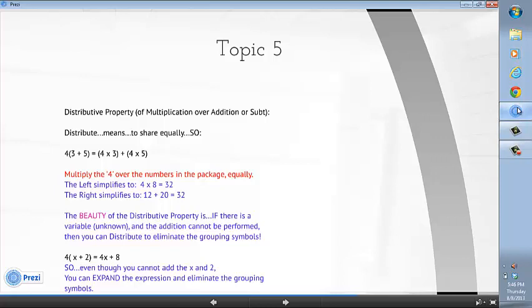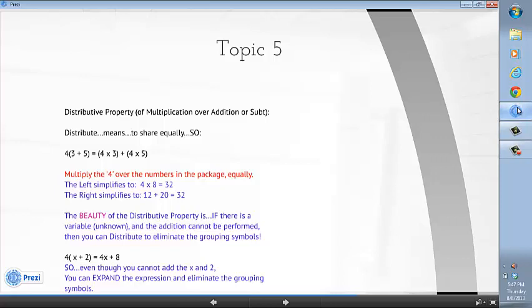And so I've given you an example of that. The second example there, 4 times the parentheses package x plus 2 equals 4 times the x plus 4 times the 2. And that's a more typical use of the distributive property because it's actually necessary there so that you can eliminate the grouping symbols.